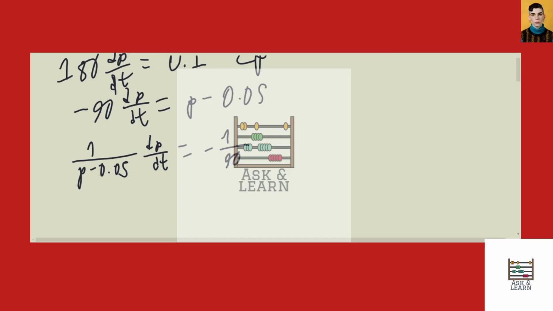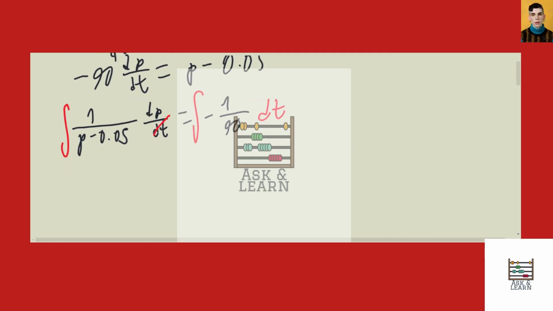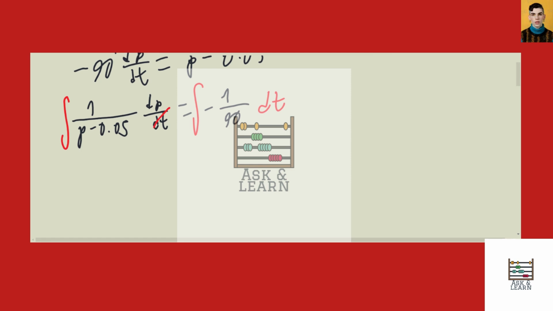Then we can multiply both sides by dt and integrate both sides. Integrating the left side with respect to P, you're going to get ln absolute value of P minus 0.05. And on the right side, that would of course just be negative 1 over 90 t.